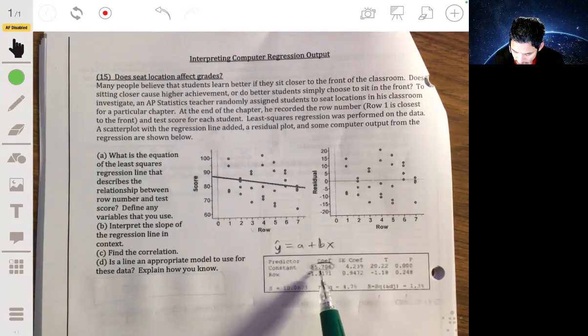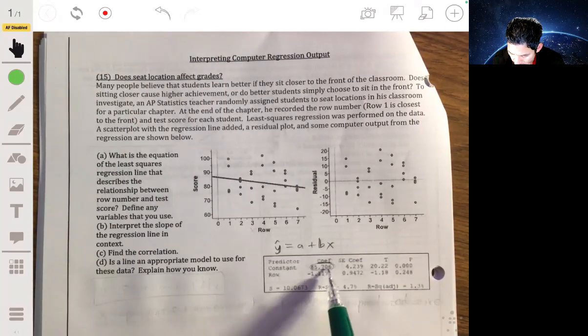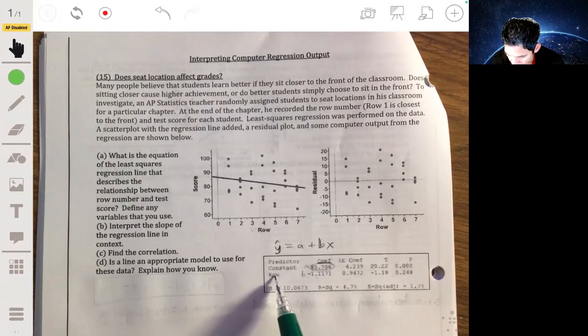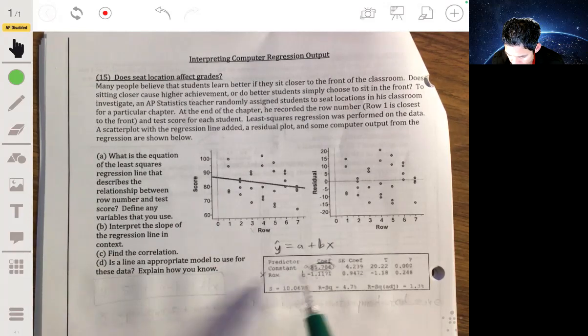So the coefficient of the constant is a, that number right here, 85.706. And this will be the coefficient of the row, or the b. So this is your a, and that's your b. This means the coefficient of your variable, which is row, and row is your x variable.